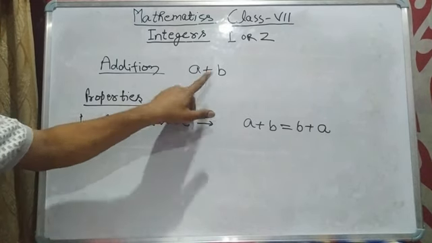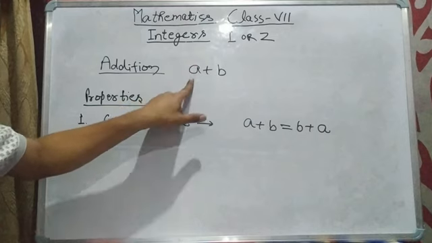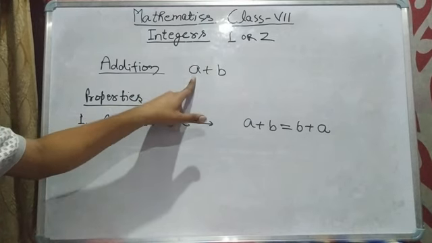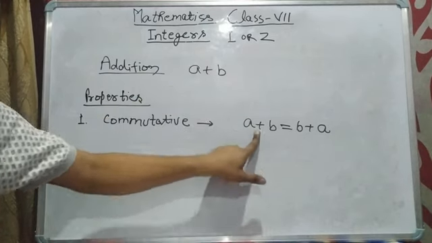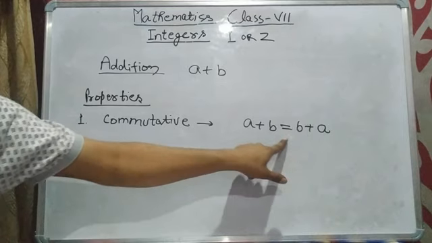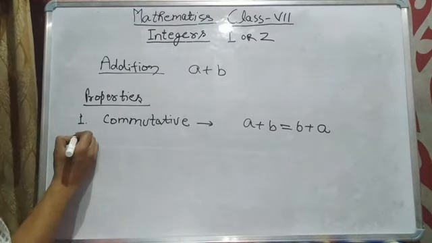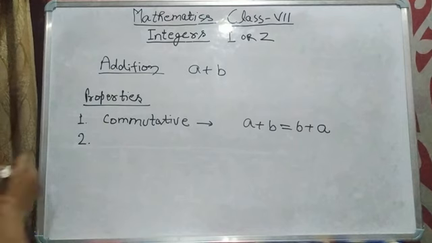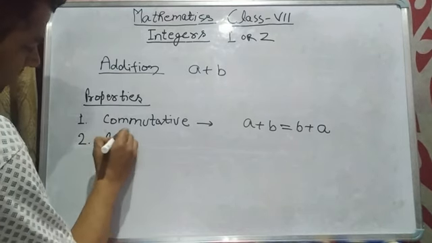That means if two numbers are adding here, whether we are adding the second number to first or first number to second, the result will be same. This property is called the commutative property. Second one comes associative.